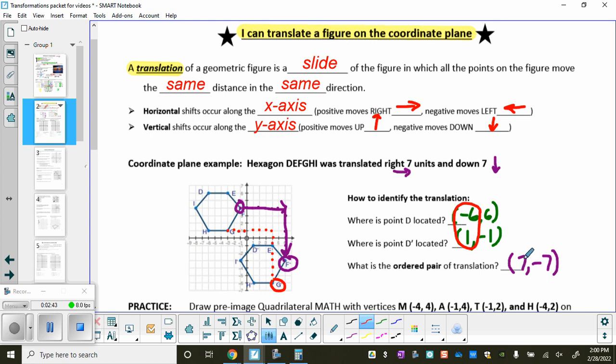See how I must have gone up by 7? There it is. And then how do I go from 6 to -1? Well, 6 minus 7 gives me that. So you can certainly be given these 2 points and figure out how the shift occurred, but we're always going to have it on a coordinate plane, just so you know you should be able to see it visually, okay?